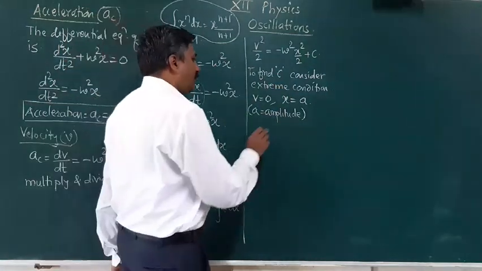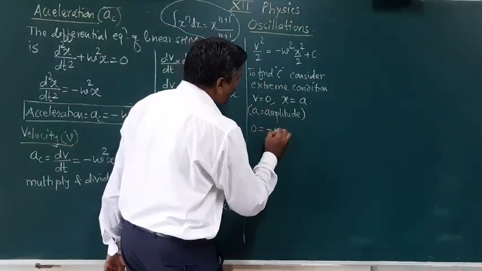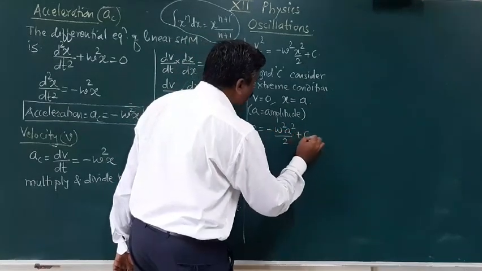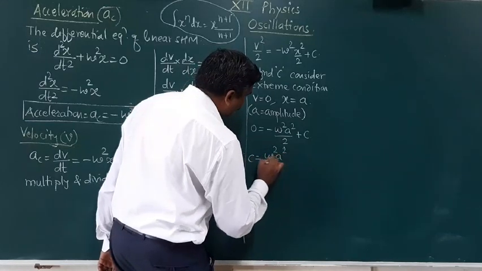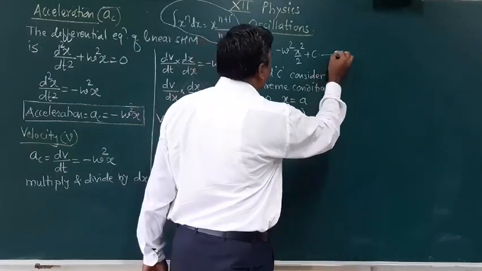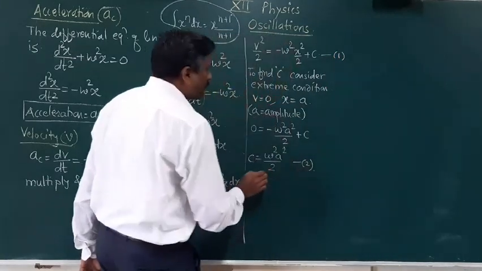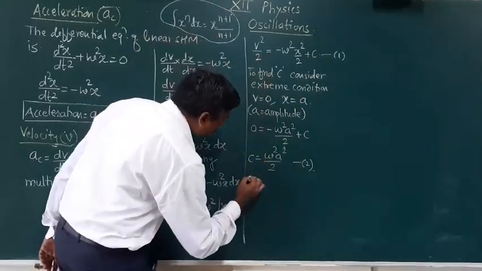So my equation becomes 0 equals minus omega square A square by 2 plus c, or c equals omega square A square by 2. This is my first equation, and this is the second equation. Substitute the value of c in the first.